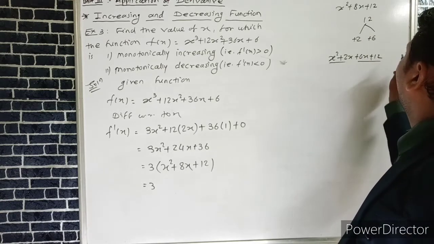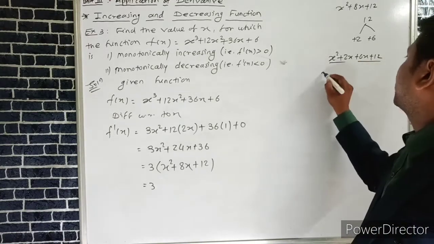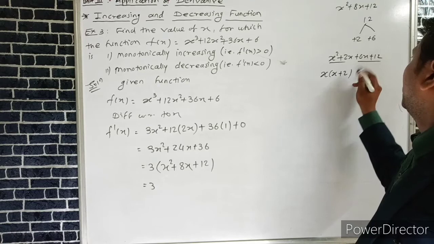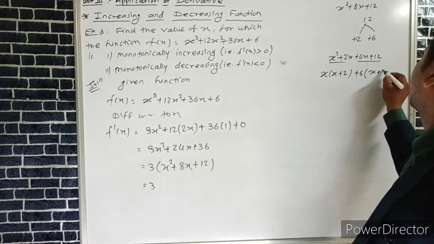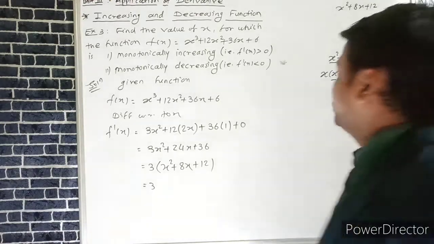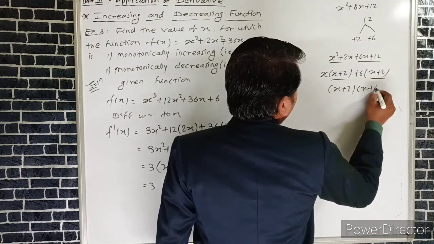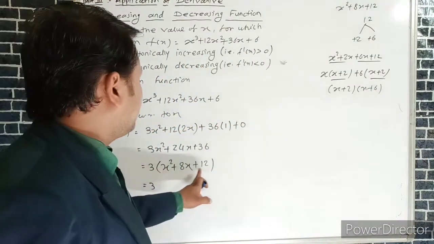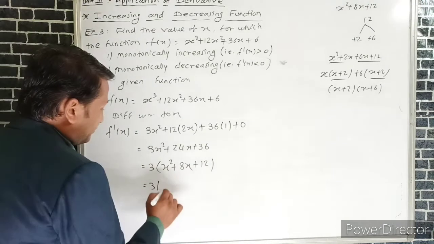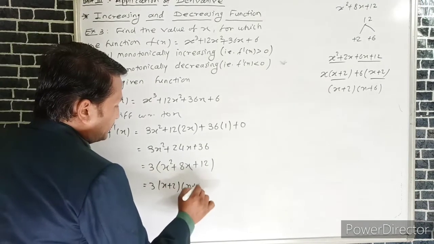Taking x common from the first two terms, we get x plus 2. Taking 6 common from the other two terms, we get x plus 2 again. Here x plus 2 is common, so x square plus 8x plus 12 is x plus 2 into x plus 6.